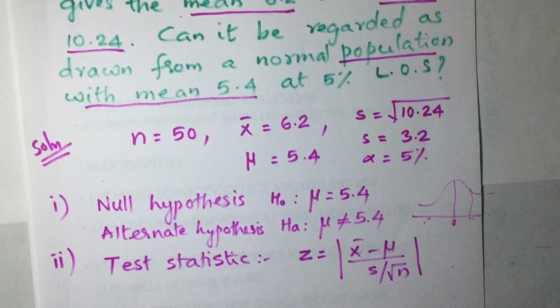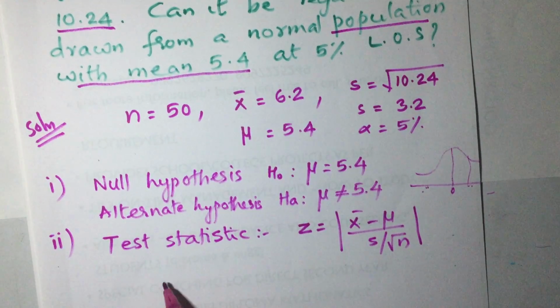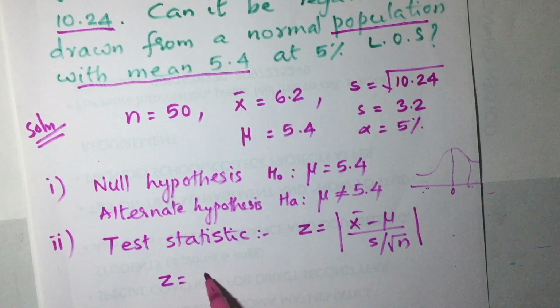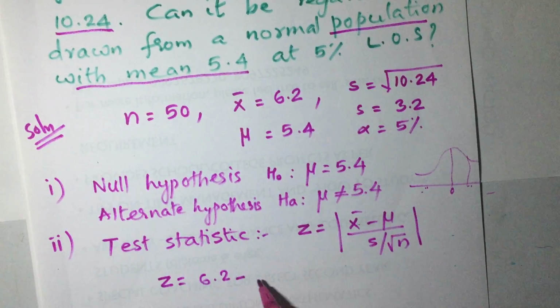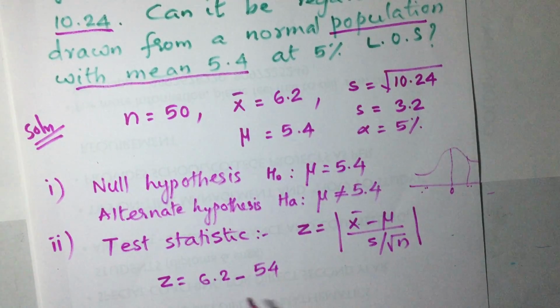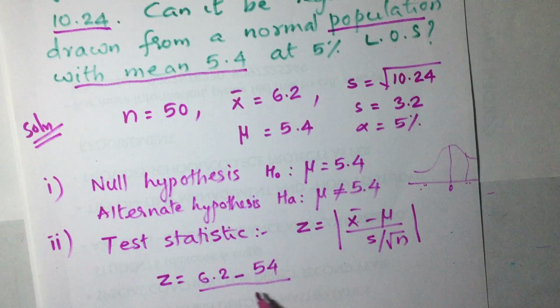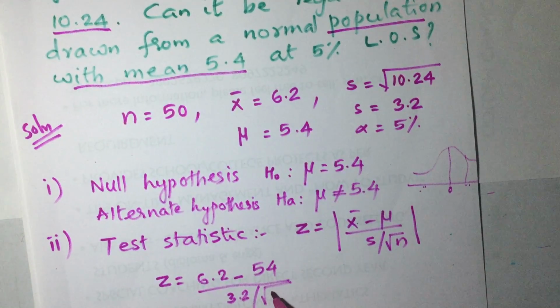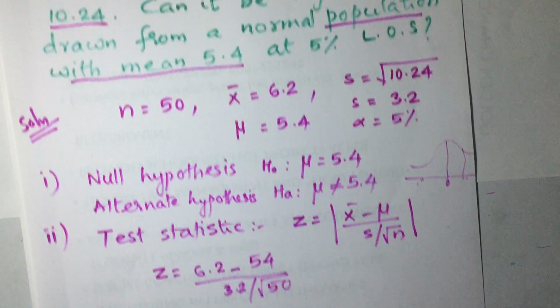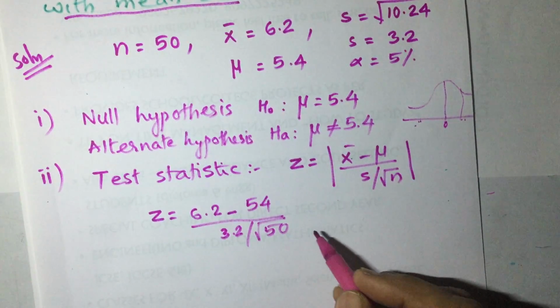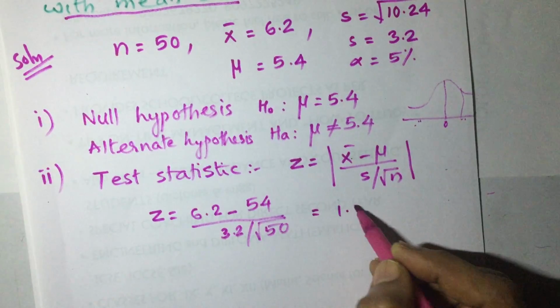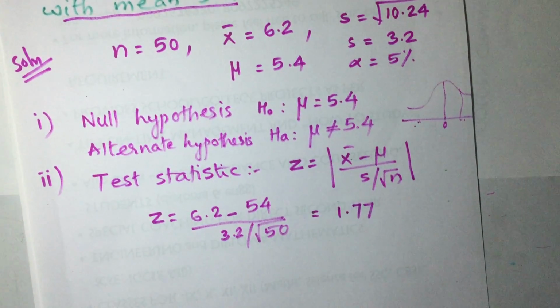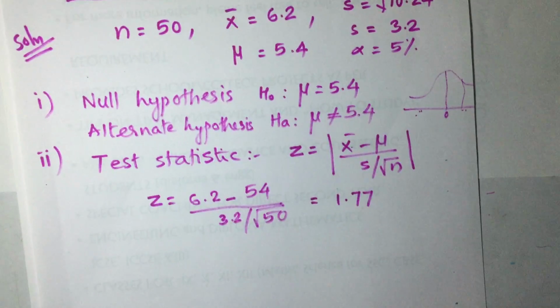Therefore Z is equal to x bar 6.2 minus mu 5.4 divided by S, which is 3.2, divided by root of n, root of 50. On simplifying this, you will get 1.77. So that is the test statistic.